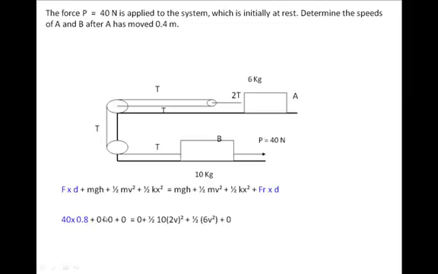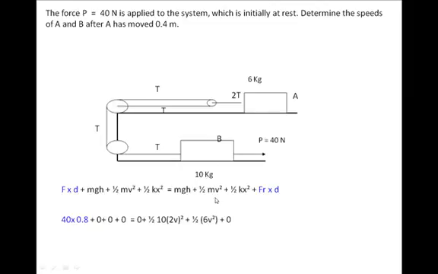Now mgh for both is 0, half mv square is 0 initially, half kx square is 0 initially, I mean no spring, so initially and later also it is 0. After it has moved by that distance, mgh continues to be 0 because they have not left their position.